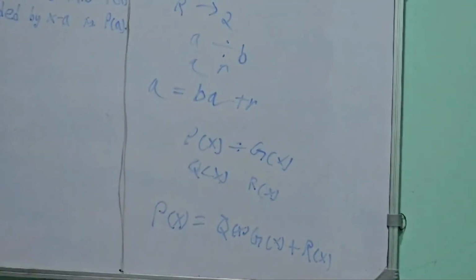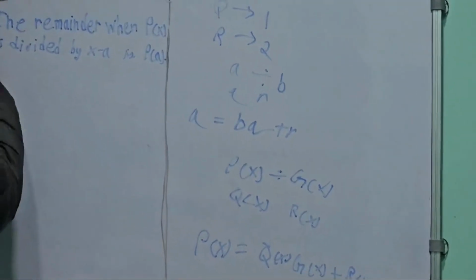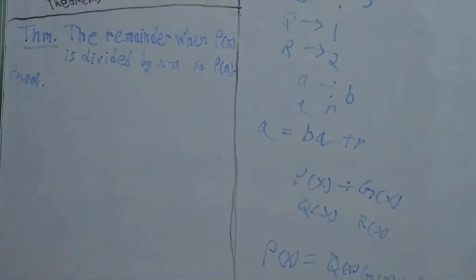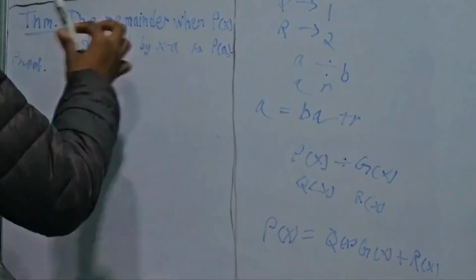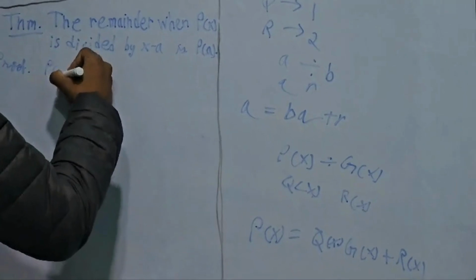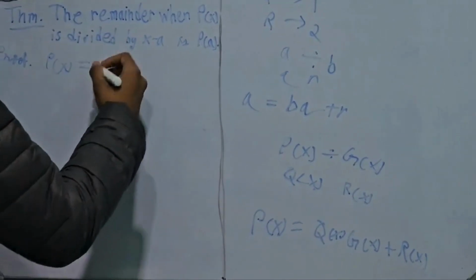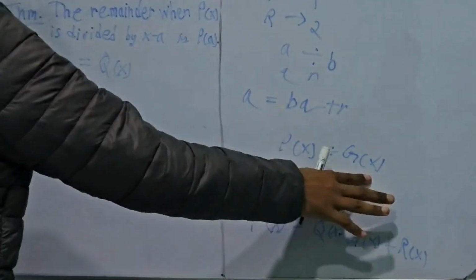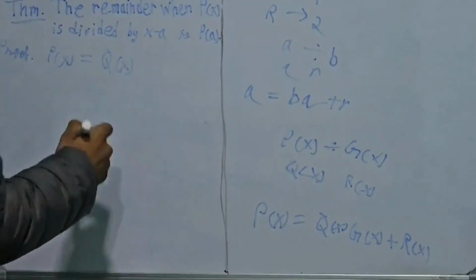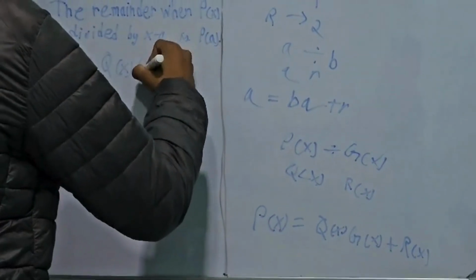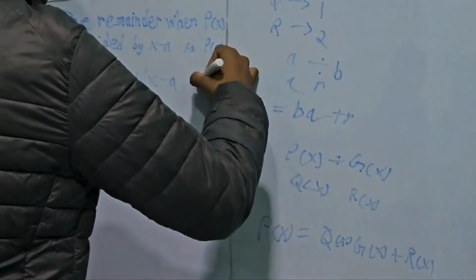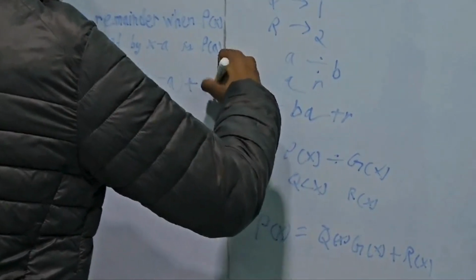So we'll be borrowing that relation over here for our proof. So p of x, the polynomial we have, equals q of x, and here the polynomial we are dividing by is simply x minus a. So we can write this as x minus a plus r of x.